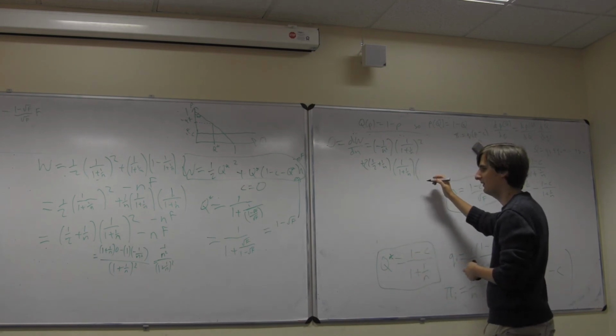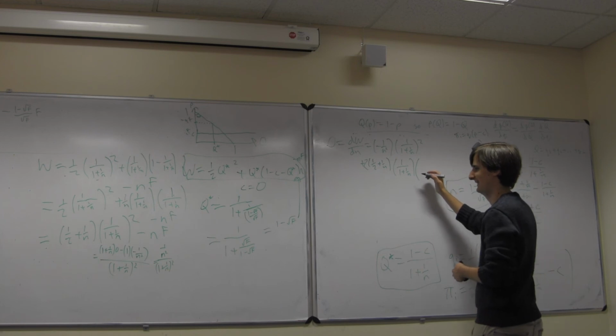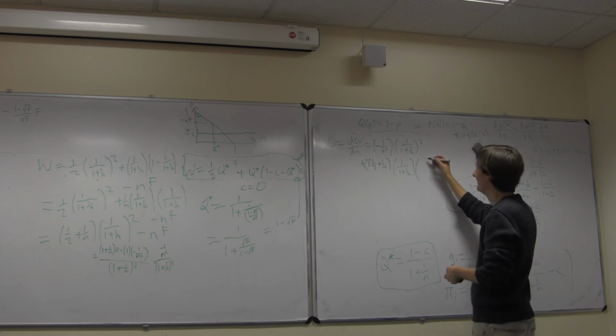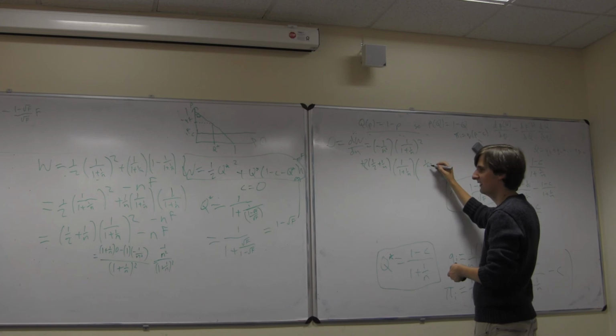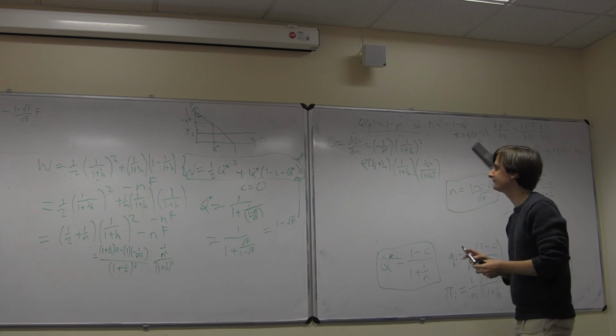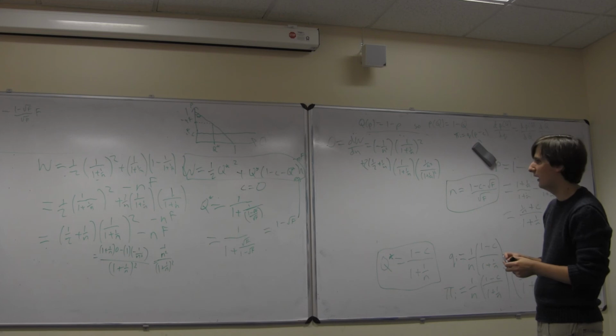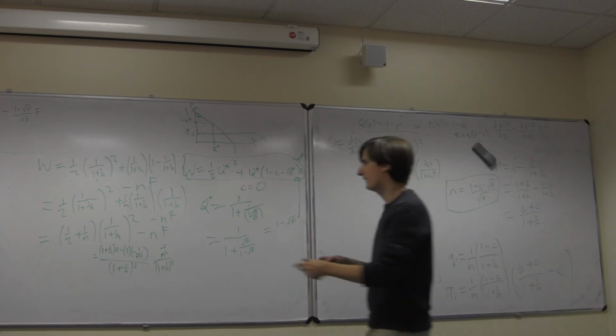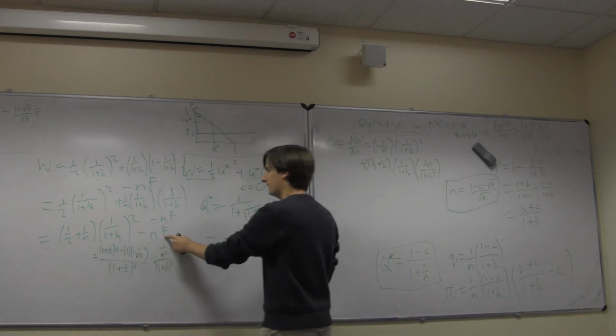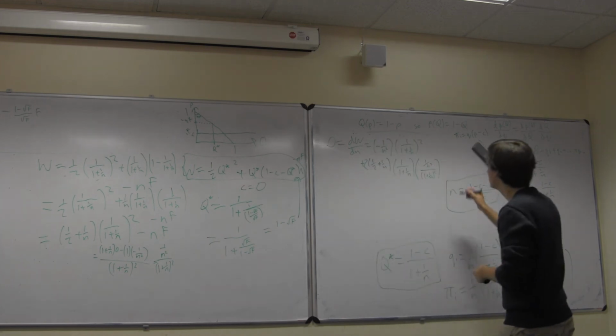I really remembered this having a nice answer, but it doesn't look very nice, does it? 1 over n squared over 1 plus 1 over n squared. Okay, so that's the derivative of all of this, and then we just have a minus f at the end.